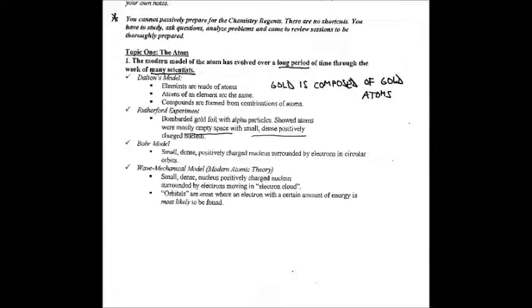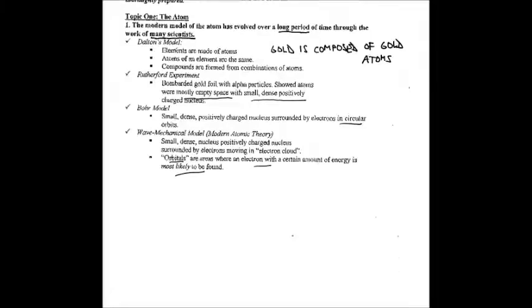The Bohr model is the one with circular orbits. In the wave mechanical model, we have to know that orbitals are areas where electrons are most likely to be found.